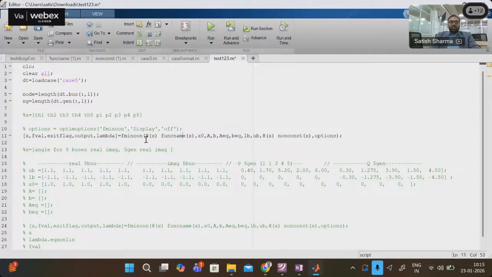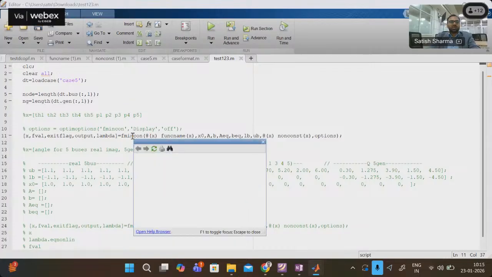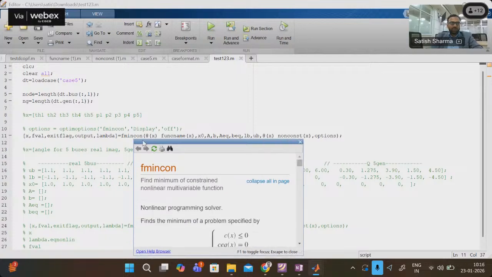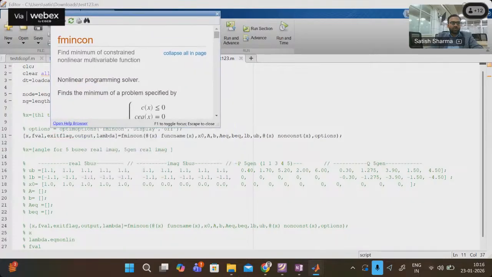So the fmincon function is required. Let's see the help file first of all, so that you can also learn what the different input data available are and how we can solve it.